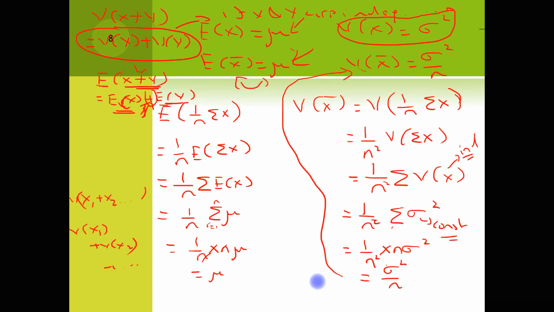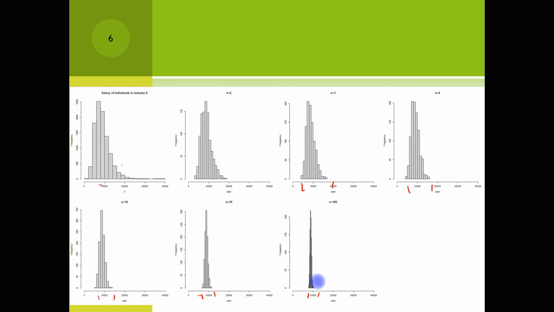I get back to the central limit theorem. Look at the distribution of x. The distribution of x was positively skewed, but the sampling distribution of x bar becomes a normal distribution.